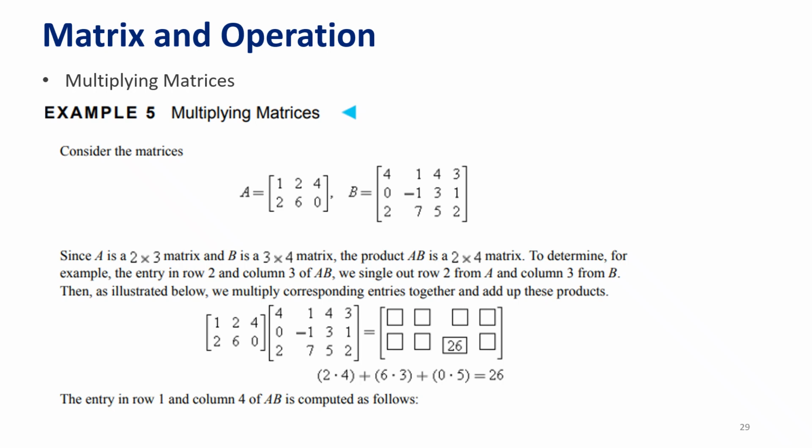First we check matrix A, a 2 by 3 matrix, and matrix B, a 3 by 4 matrix. The inner sizes are equal, so you can multiply them together, and you will have a 2 by 4 matrix.